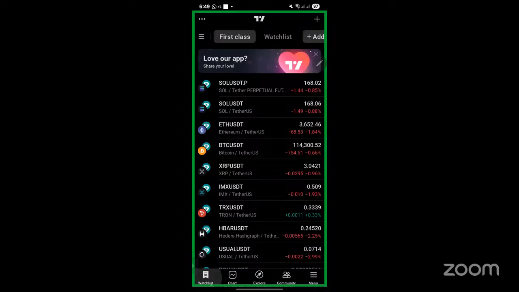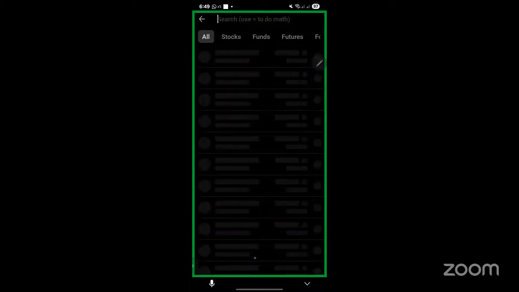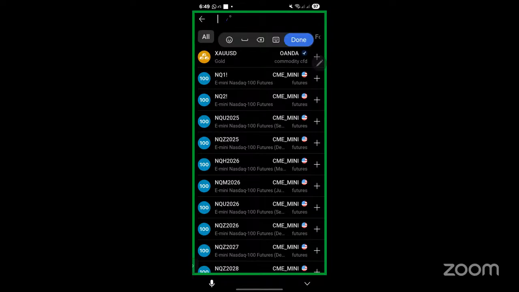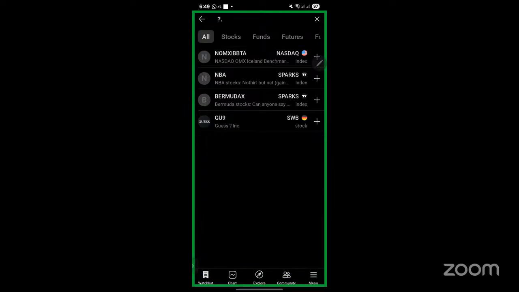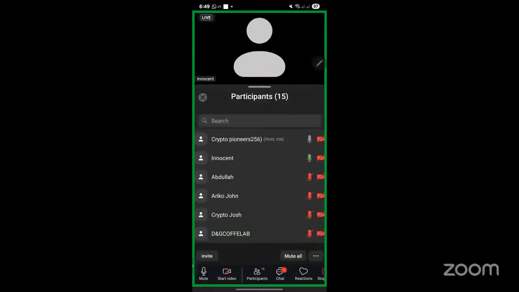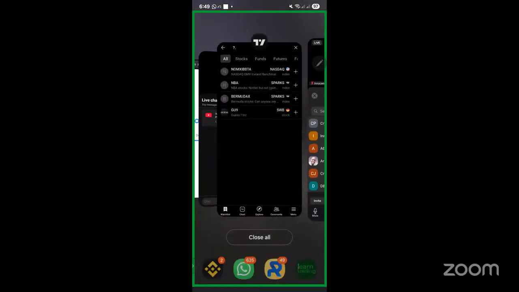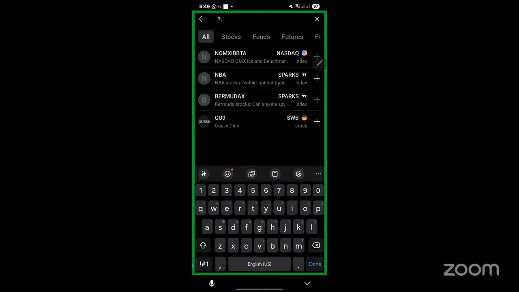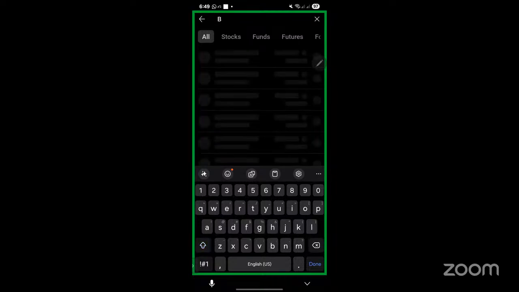Why don't I add another pair of BTC? Let me add BTC here. Let me look at BTC in another aspect.